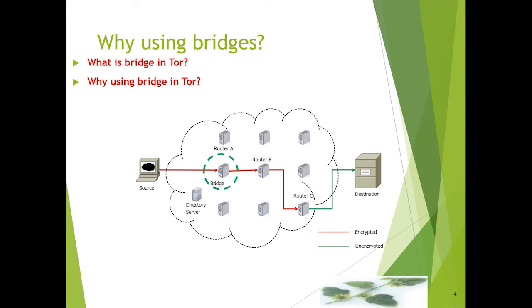It has steadily grown from 2.8 thousand active public bridges in July 2012 to a maximum of 12.7 thousand in July 2014. In this figure, we replace public router A with a bridge, and the circuit construction process is the same as discussed previously.